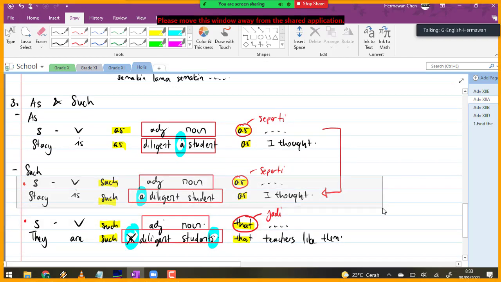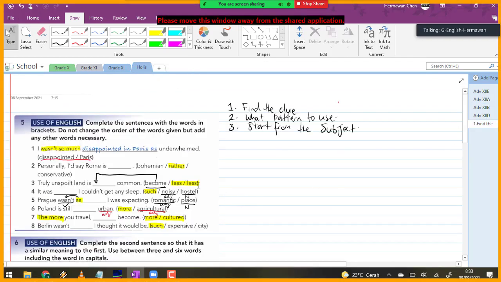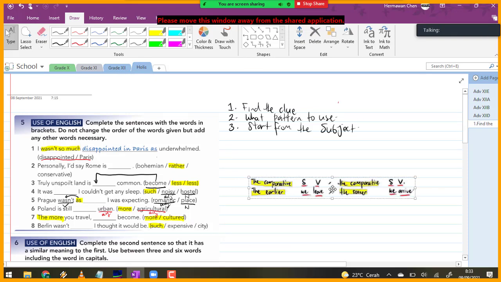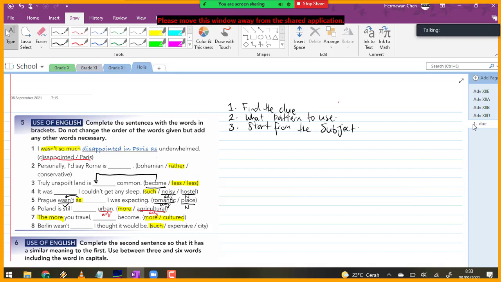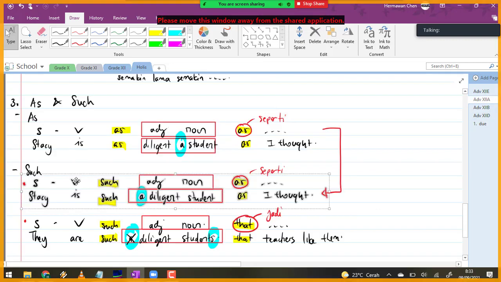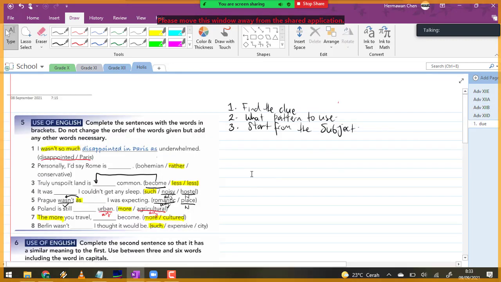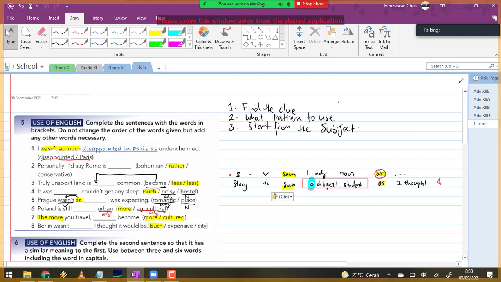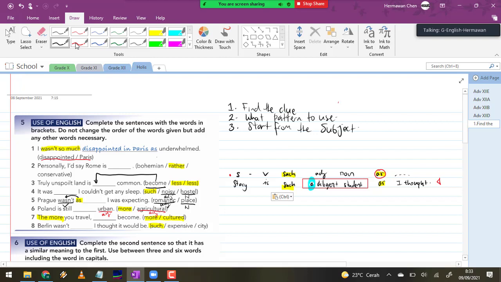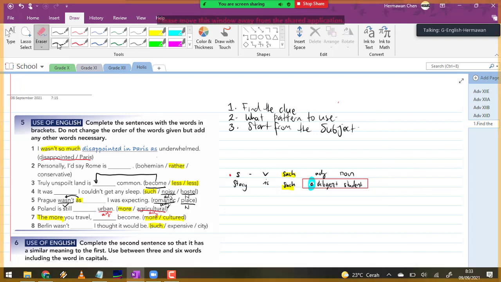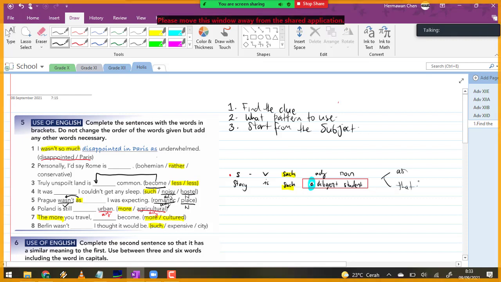There are 2 patterns, but I'll just take one. Okay. This is the pattern for such, but later we do not know whether we have to use as or that. Yeah, you need to look at the meaning to know which one to use.